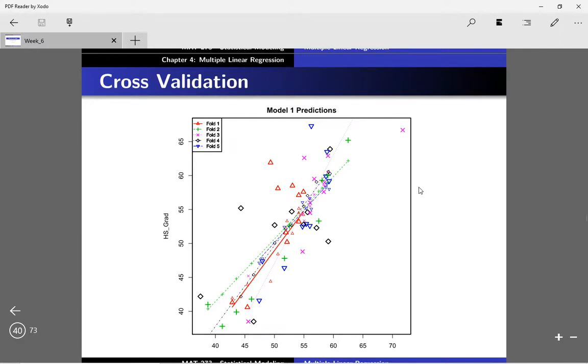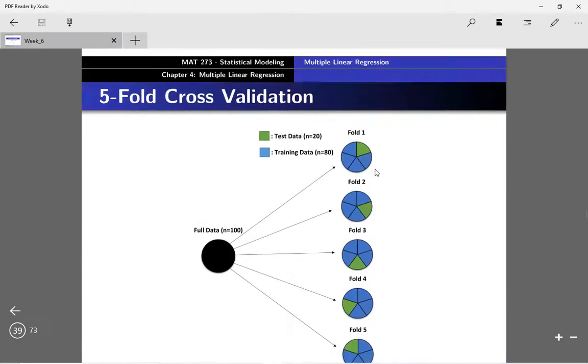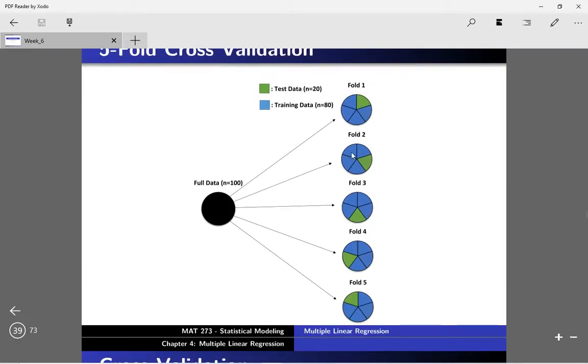And then once we've answered that question, we just go back and fit that model on the full data set. So that's another important concept. We don't actually use the model that we fit just on the training data as our final model.